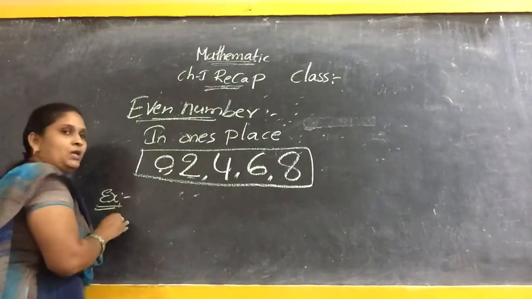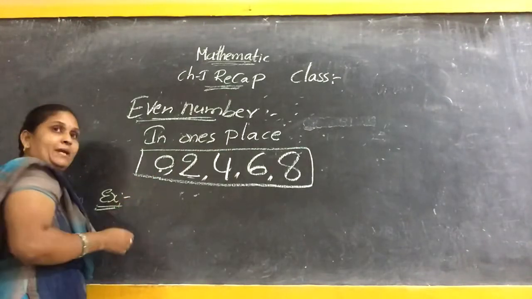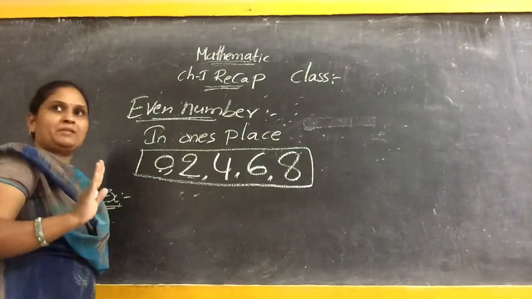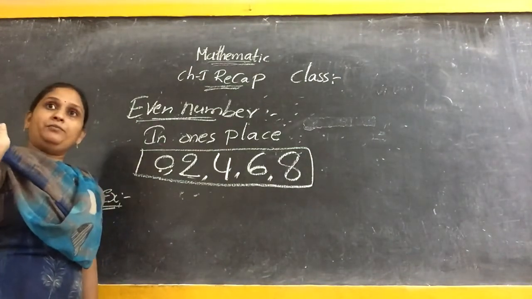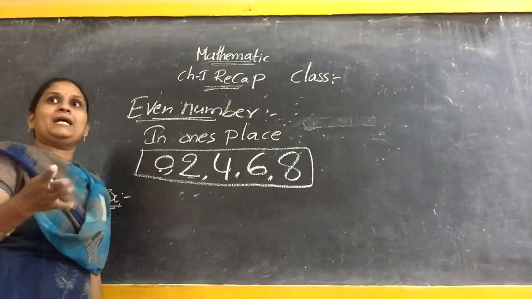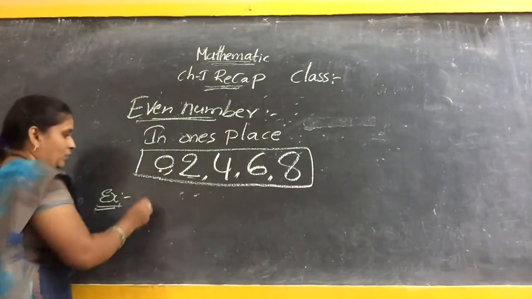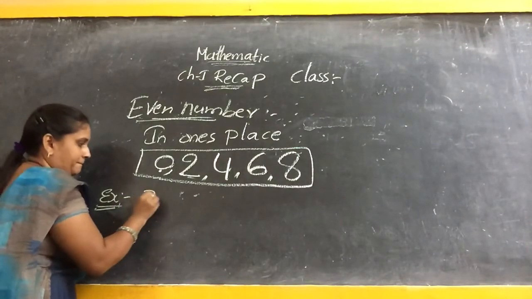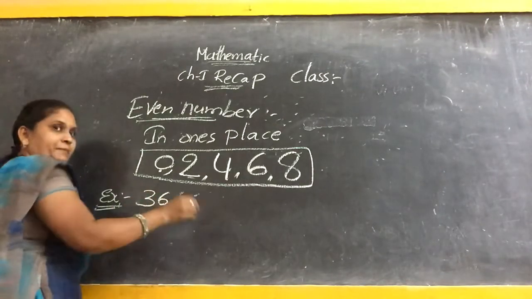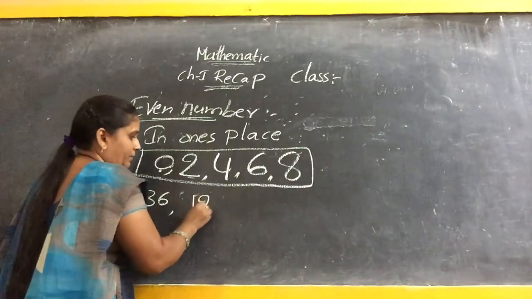For example, look at the board. I am writing 4 different numbers on the board. Out of these 4 numbers, we will identify which are even numbers. First one, a 2-digit number, 36. Next a 3-digit number, 125.